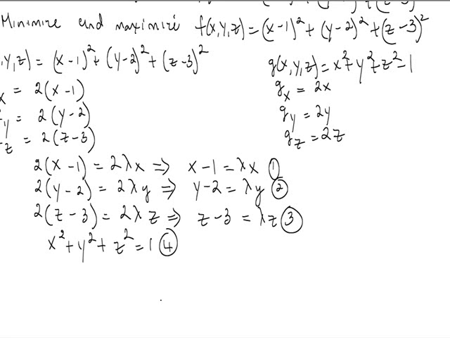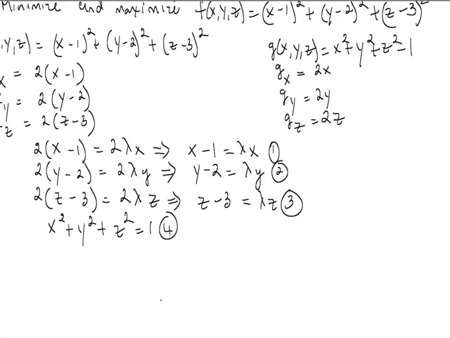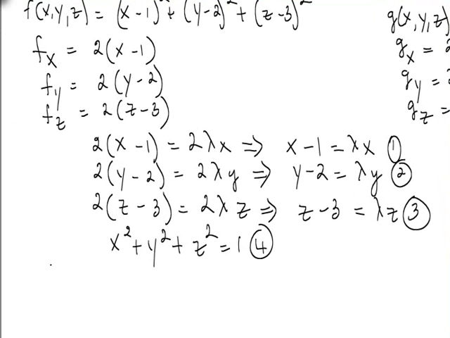So what I would do, I wouldn't solve for lambda. In each 1, 2, and 3, I would solve for the variables. I can solve for x in 1, I can solve for y, I can solve for z. All of these will be in terms of lambda, and I can put it into 4. Okay, so let's see. So 1 becomes, so I'll bring the x's to one side. So x minus lambda x equals 1.